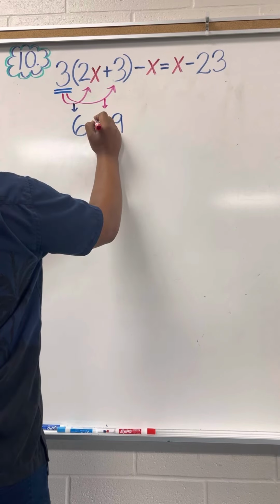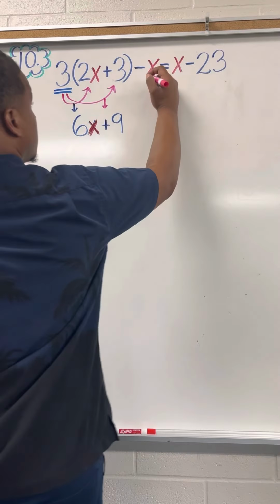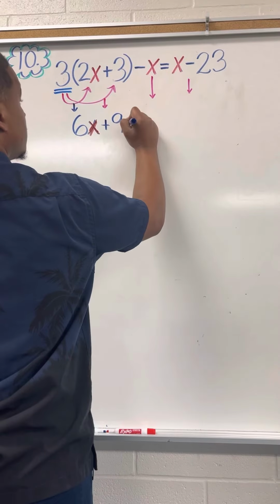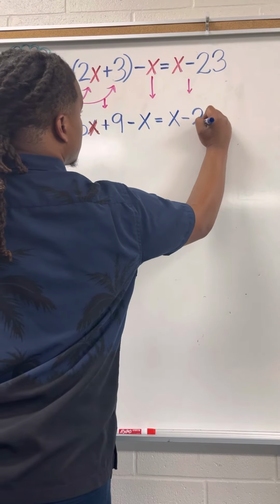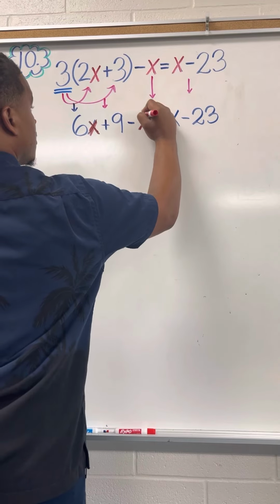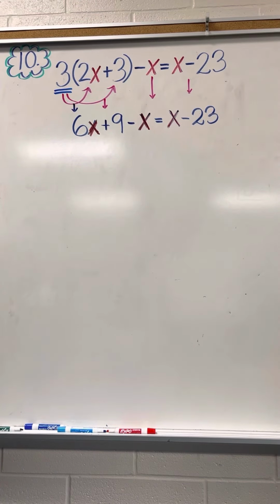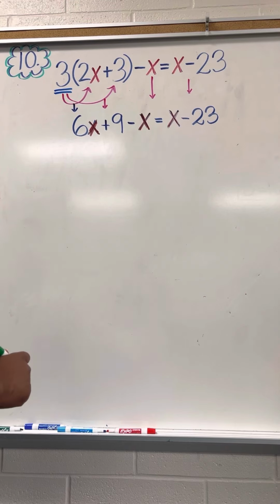Everything else comes down. All right, so now, ladies and gentlemen, we have simplified this equation to 6x plus 9 minus x equals x minus 23. Now, the next thing that we want to do is to combine like terms, okay?